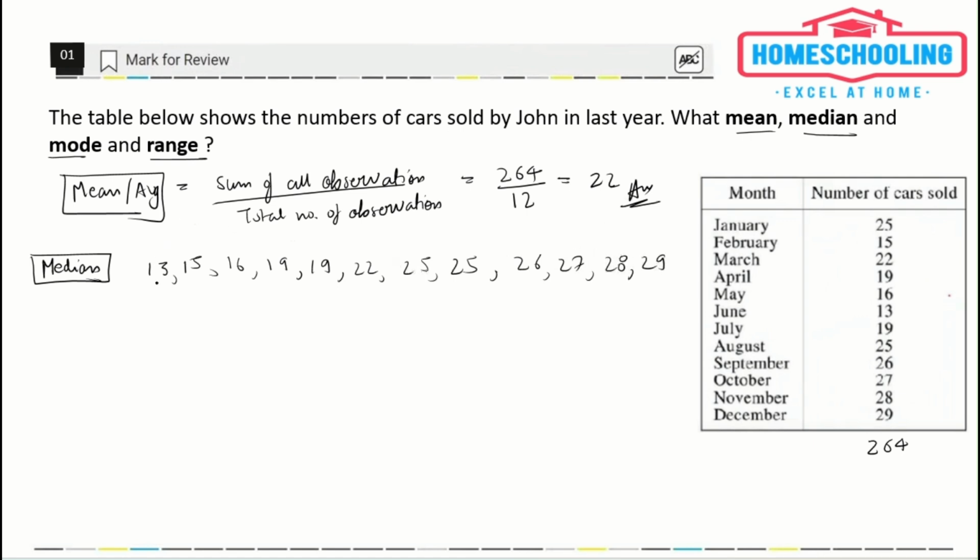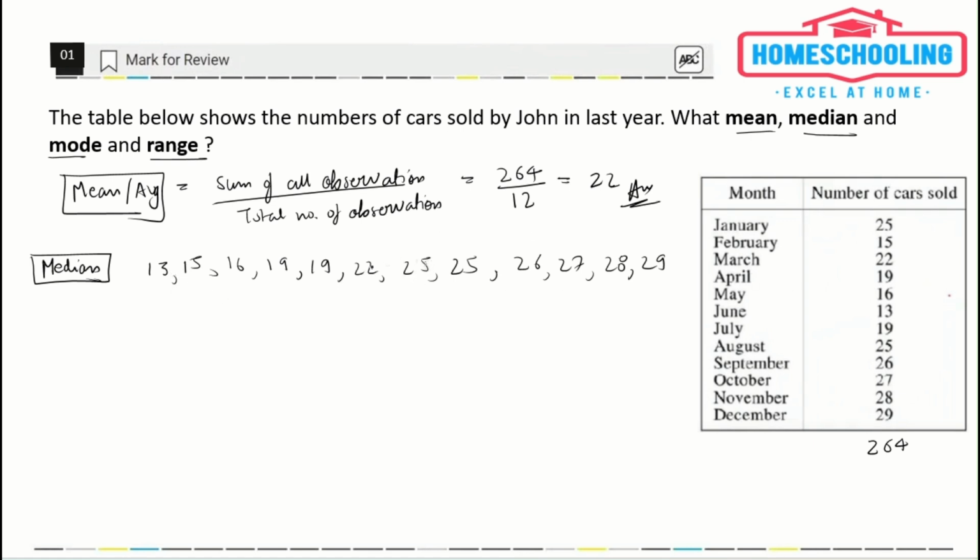So as we know, the numbers are 1 2 3 4 5 6 7 8 9 10 11 12, so we have 12 numbers. The total numbers are even, because we have 12 numbers here. So how are we going to find the median of an even number of data points?